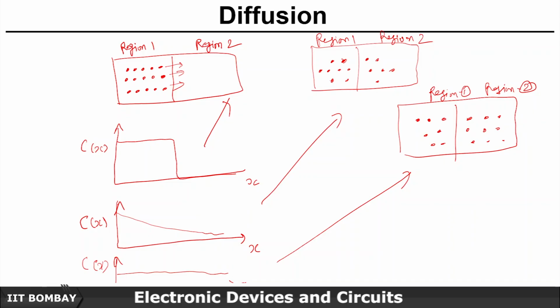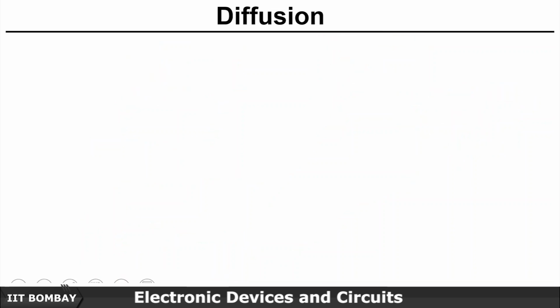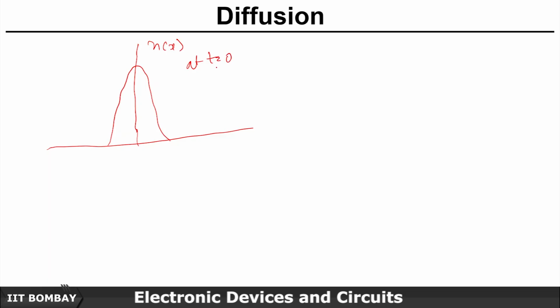Okay, so I can draw one more diagram to explain it in a better way. For an example, let's say initially the concentration profile is something like this, Nx at time t equal to 0, and this is x, sorry. Now what will happen at time t greater than 0, let's say t1?